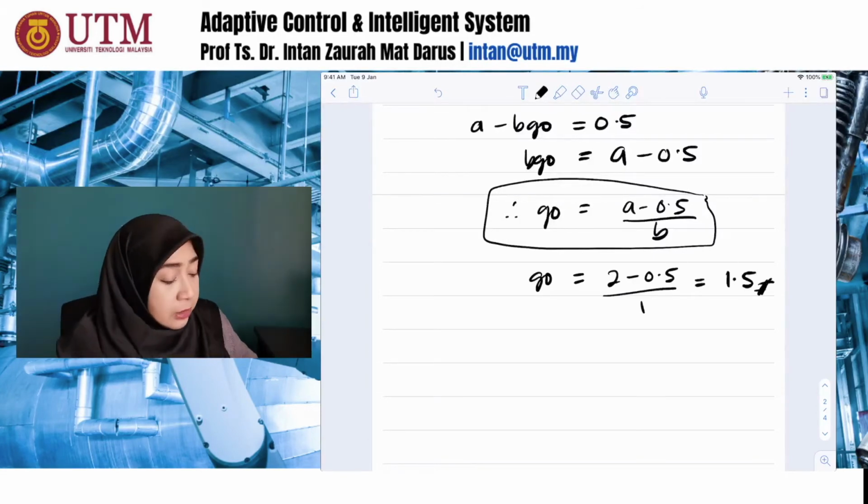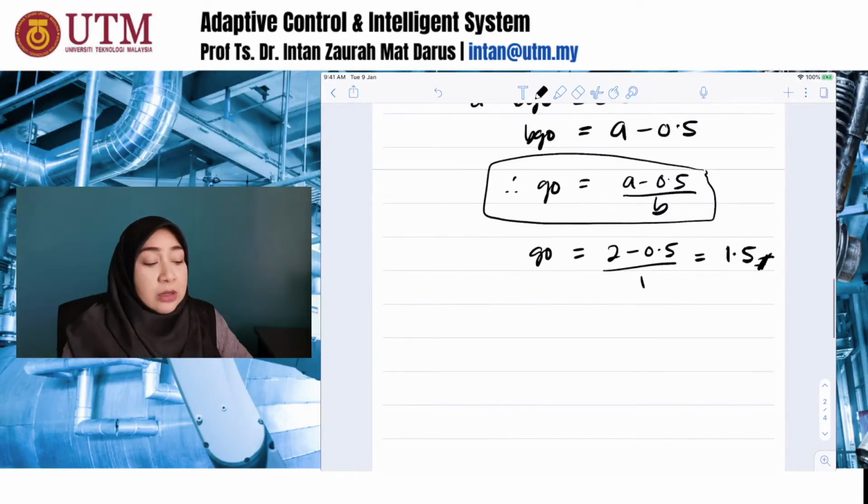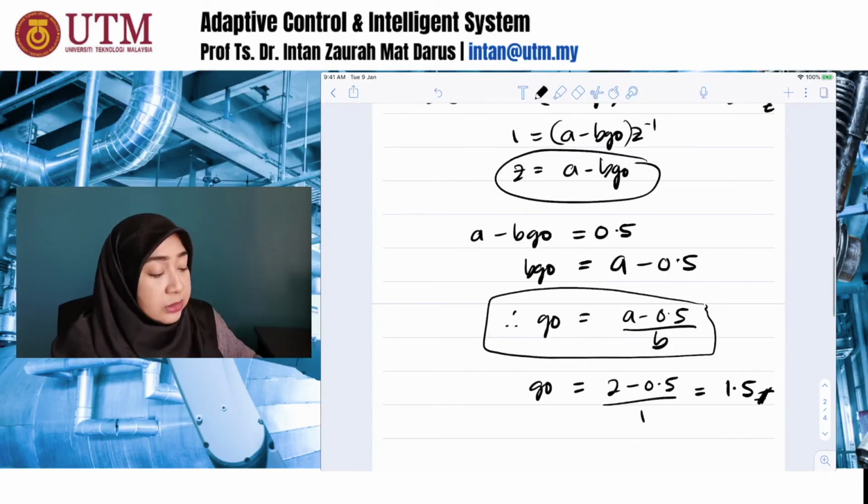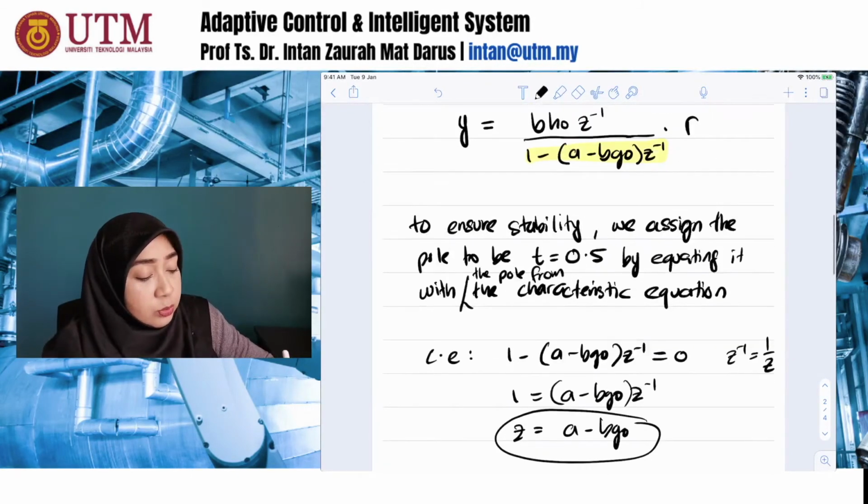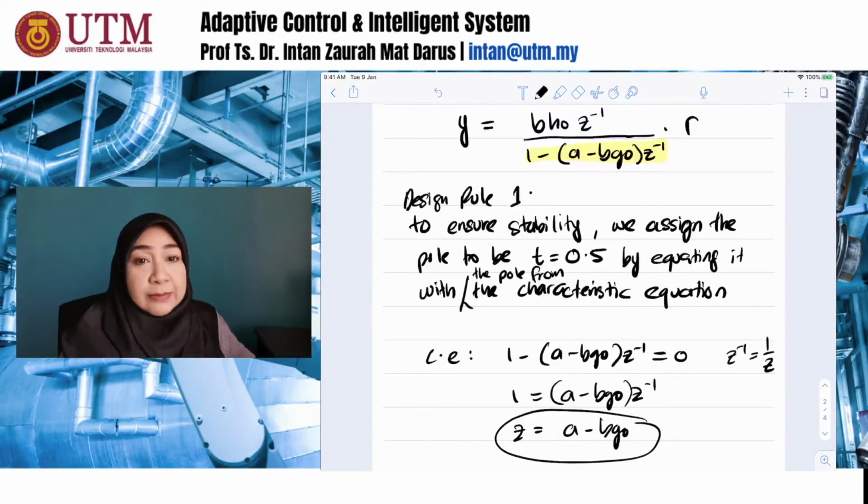All right. Okay, how about your H naught? H naught comes from design rule number 2. Design rule number 1 is to ensure stability by assigning specific poles.